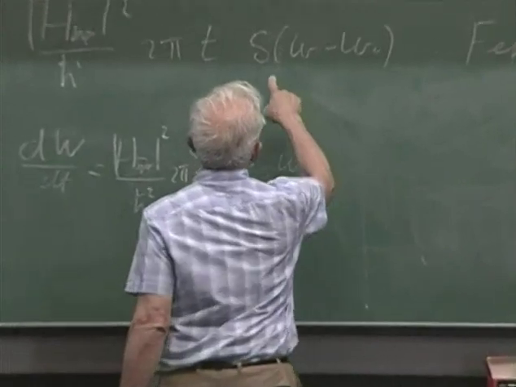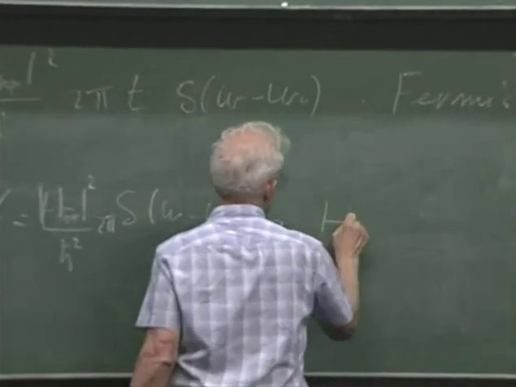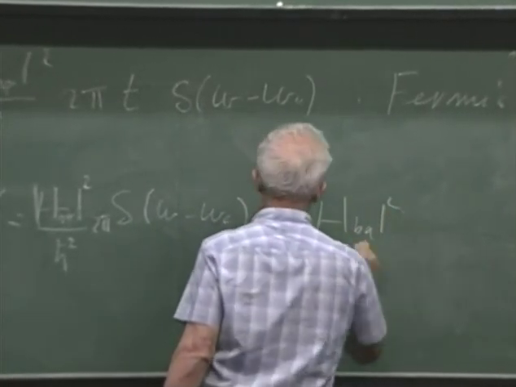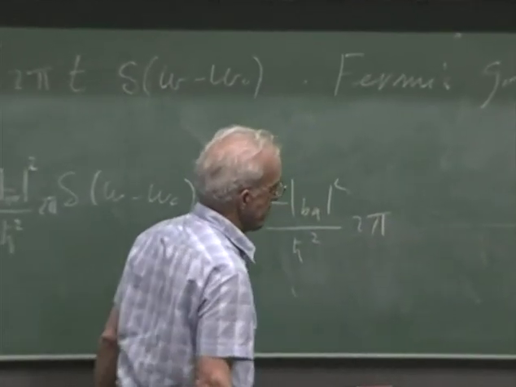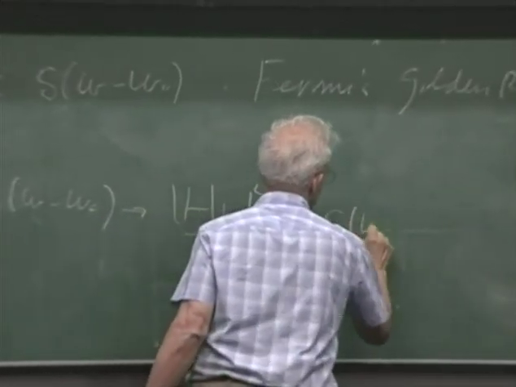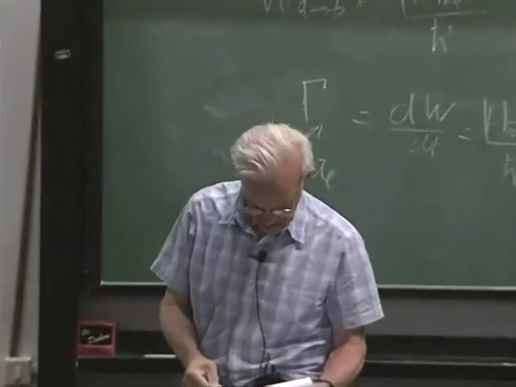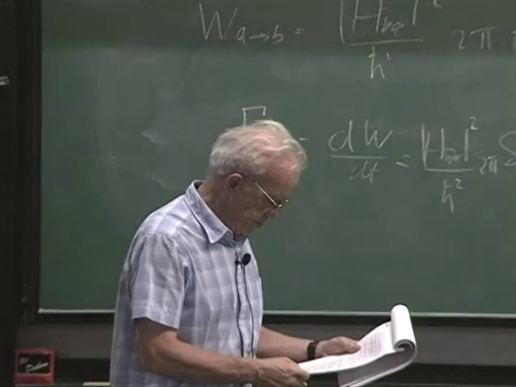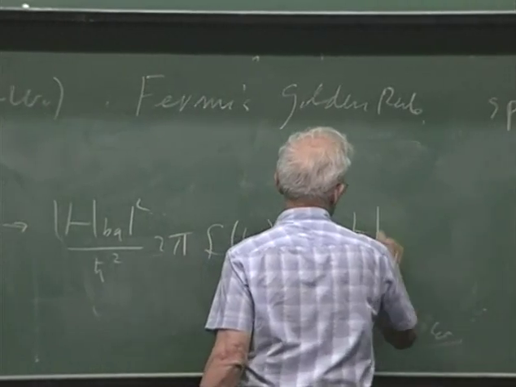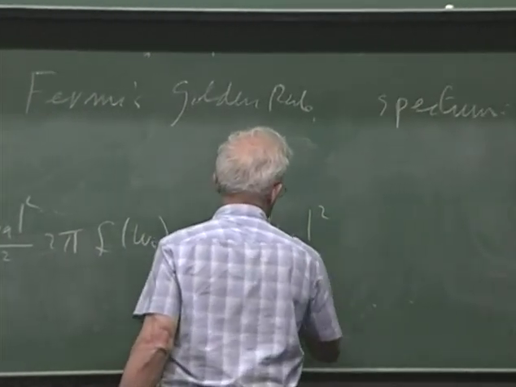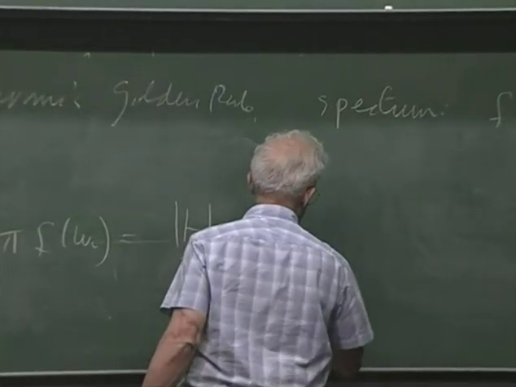When we put this in, we simply get |H_BA|² over ħ² times 2π times f(ω₀). We can also write this as |H_BA|² over ħ² times 2π over Δω.